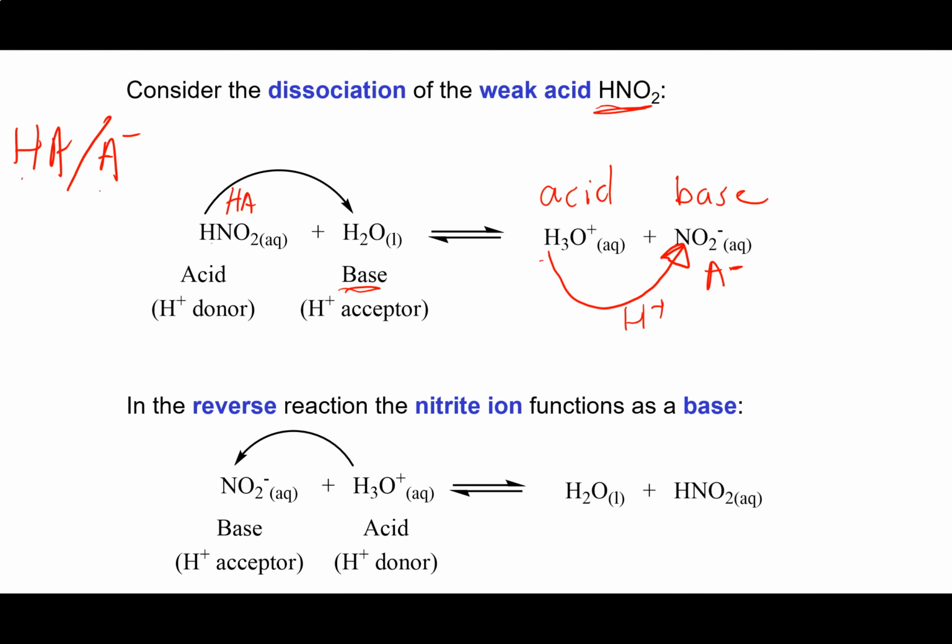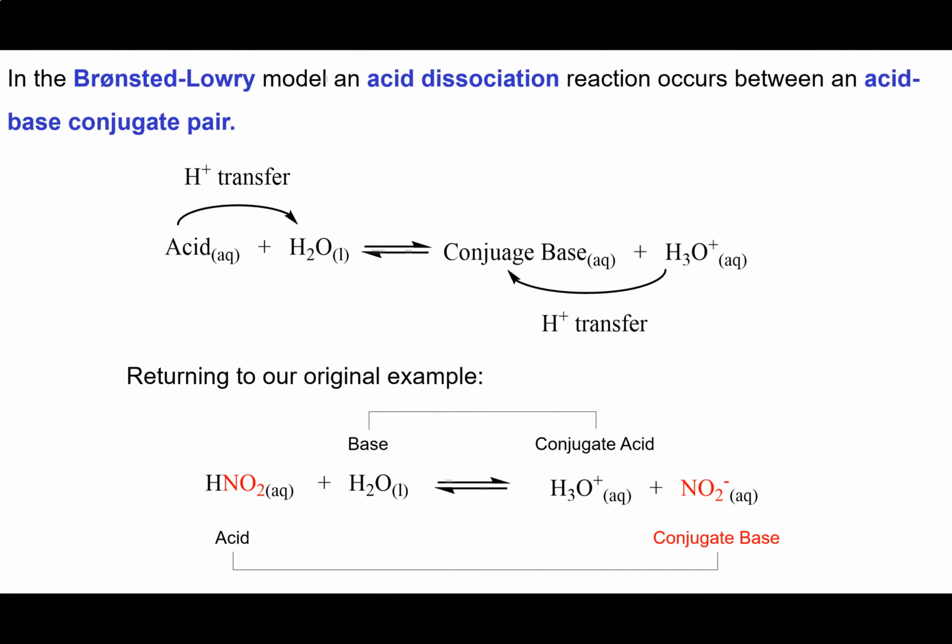And then we have another one over here. This is an acid too, right? And then this is a base as well. So we've got an acid-base pair, and the only difference between them is 1 proton. See? So here's our HA, and here's our A minus. Okay, so we get these pairs like this, where we have an acid and a base, and the only difference between them is 1 proton.